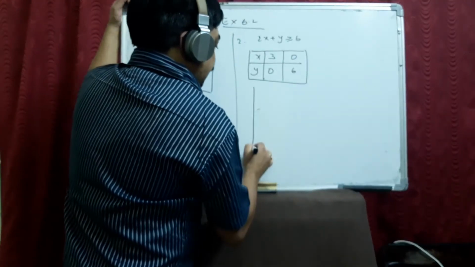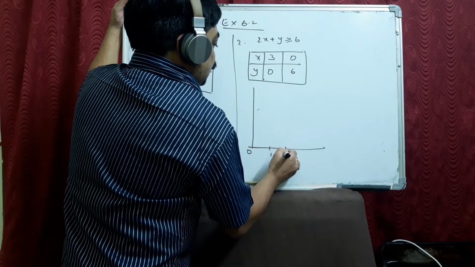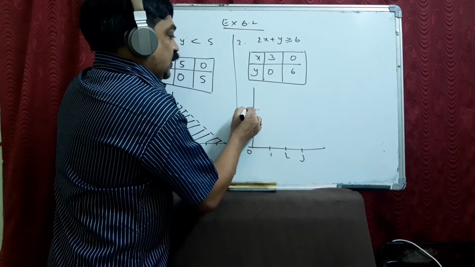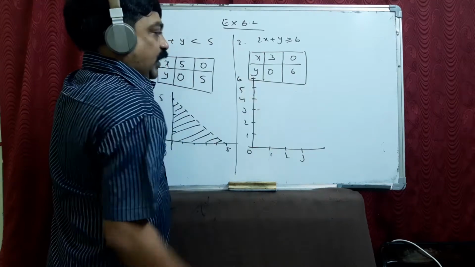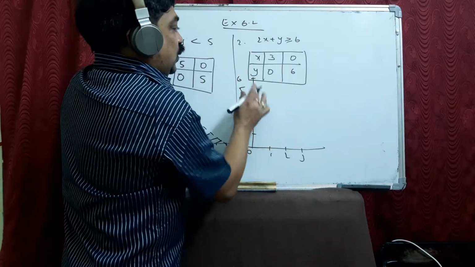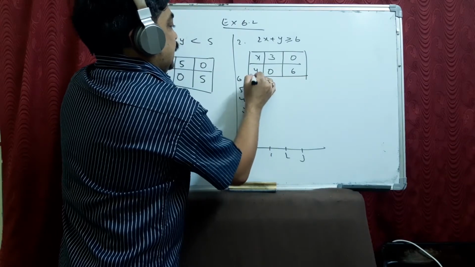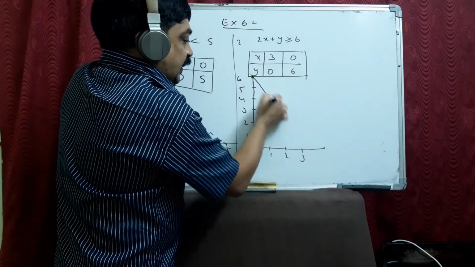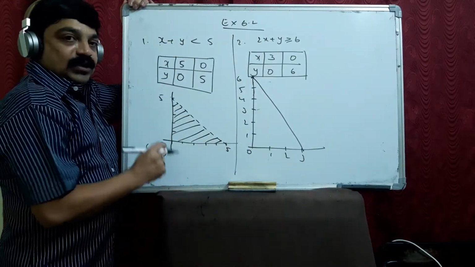So we need x values 0, 1, 2, 3 and y values 1, 2, 3, 4, 5, 6. Since there is an equal to symbol, we join x 3 and y 6 with a dark line. When there is no equal, we draw a dotted line.